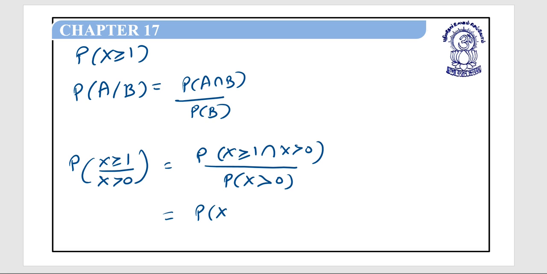So probability of x greater than or equal to 1 upon probability of x greater than or equal to 1 cancel is equal to 1.